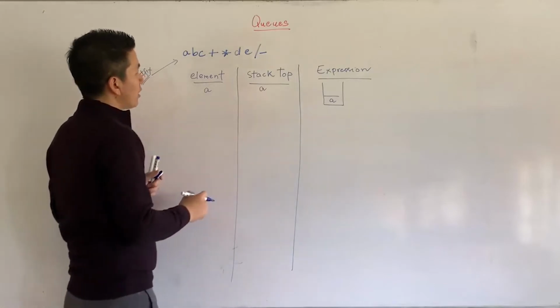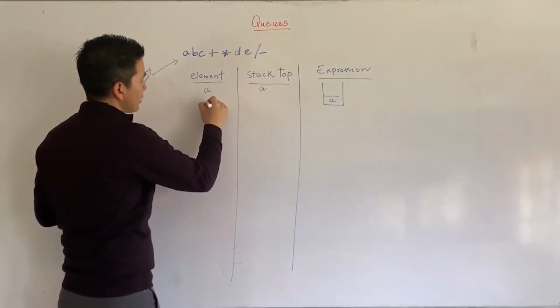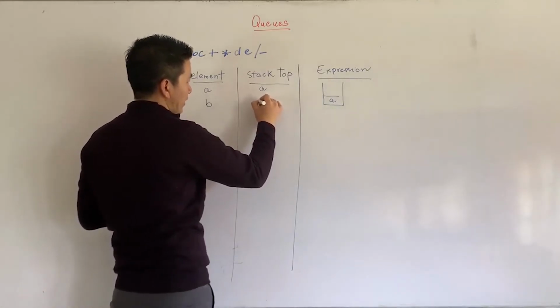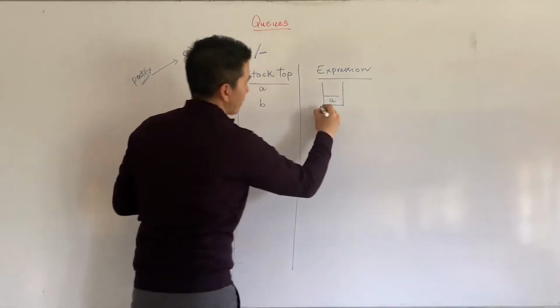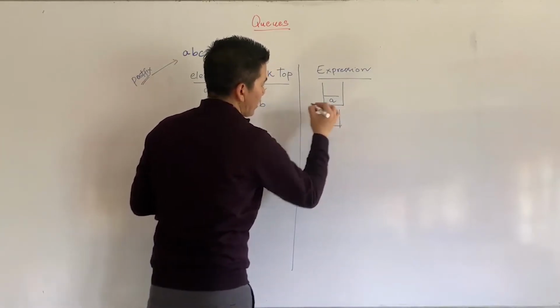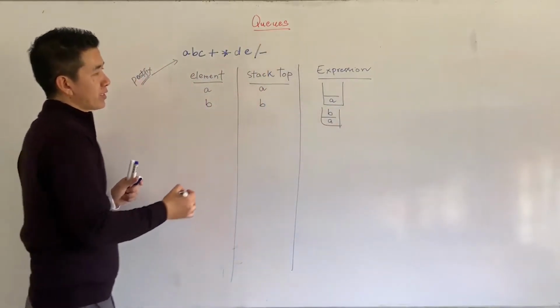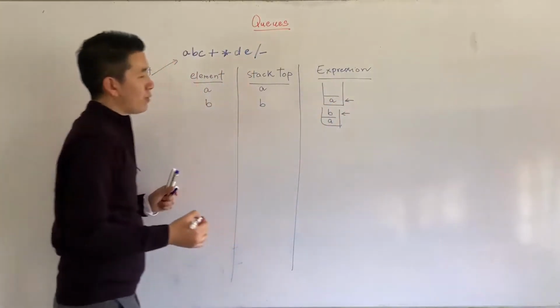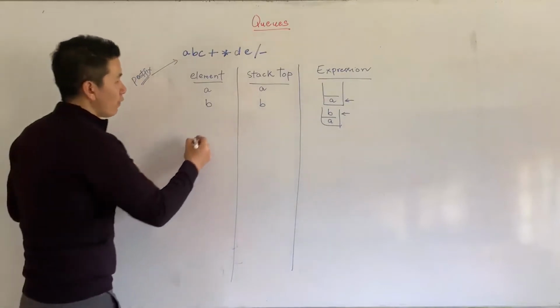So move on. Now the next element that is scanned is B. So the top of the stack will be B, and then you will have A, and B will be pushed onto the stack. Alright, so this arrow will indicate the top element of the stack.